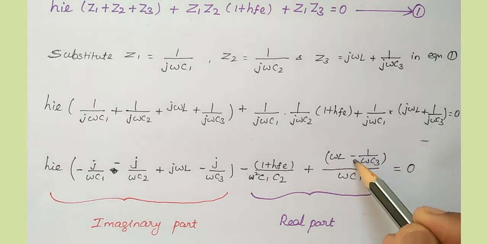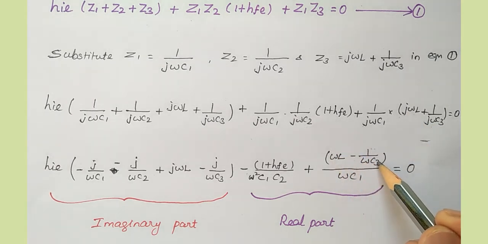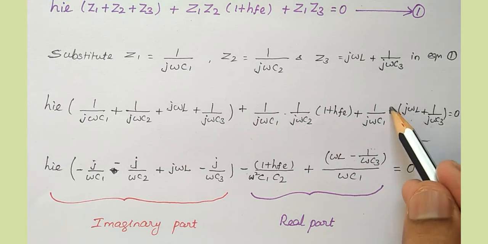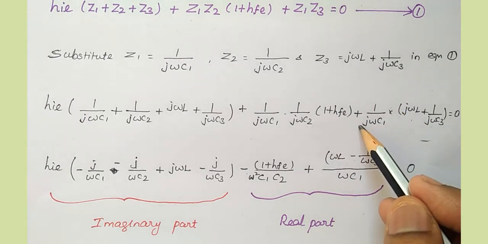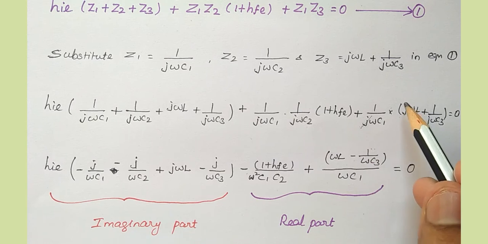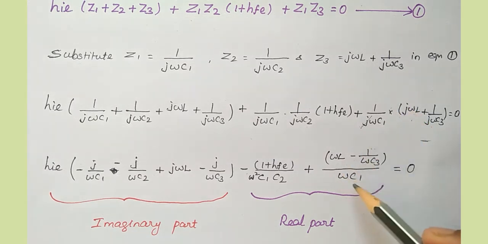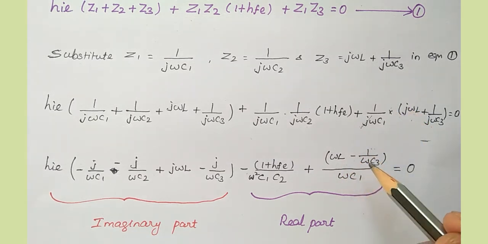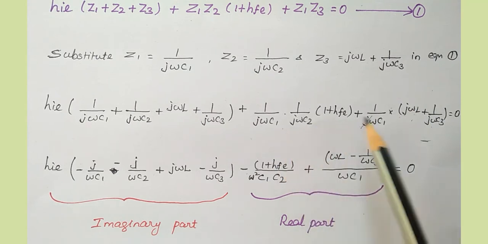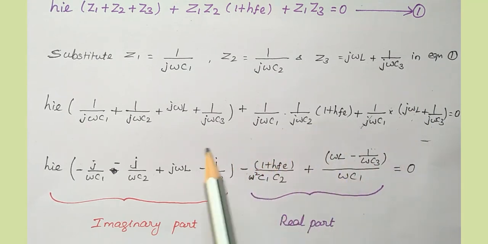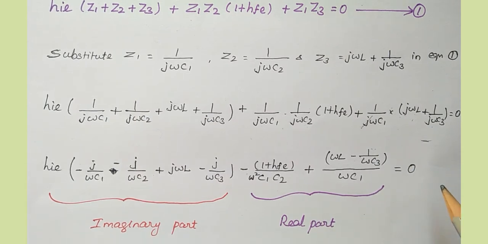So omega L minus 1 by omega C3 we have, the j is taken out from this expression, and already we have j in the denominator, so these two j's get cancelled, and this becomes a real part. So the second term and third term become the real part, whereas the first term is the imaginary part. Let it be equation number 2.